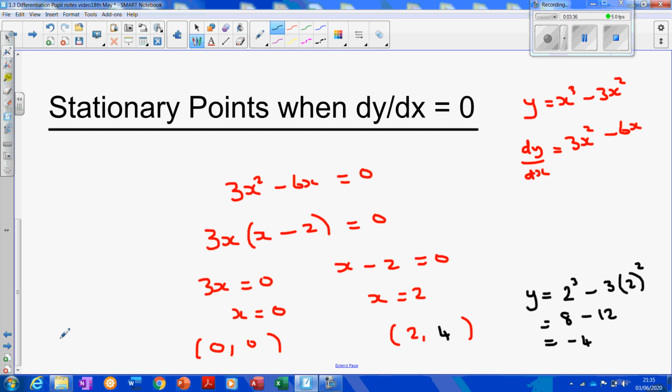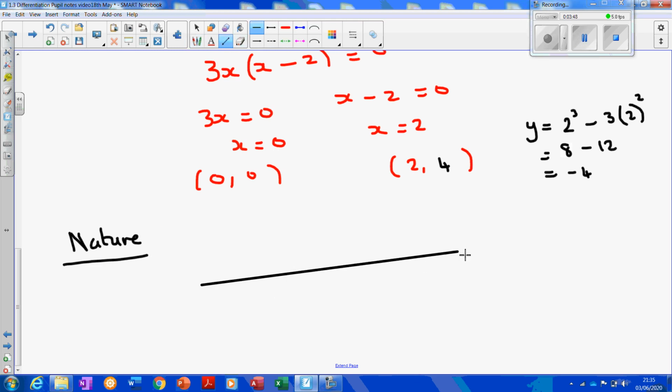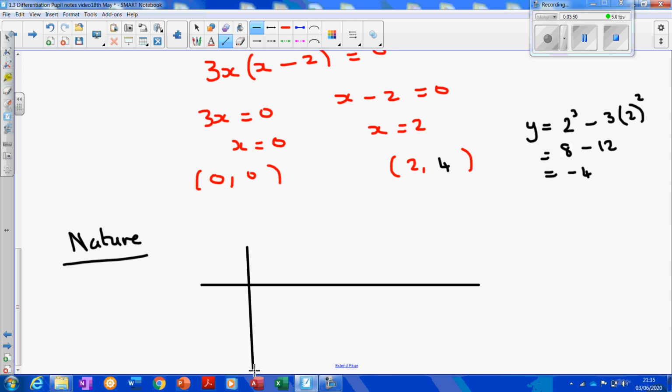Okay, right, next thing we need to do is find out the nature of these stationary points. So start off with your nature table. Draw your lines. So we've got two turning points, so make that two sections there. x goes at the top. First stationary point with the lowest x number is 0, and the next one is 2, and it's important you get them in order.